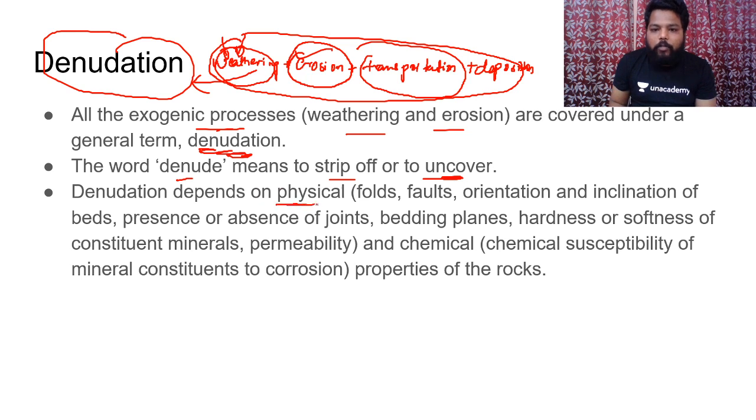Denudation depends upon the physical and chemical properties of the rocks. Physical factors may include folds, faults, or inclination of the beds of the rocks, and chemical properties may include the mineral components or the rock surfaces which are extremely exposed to the sun's light.